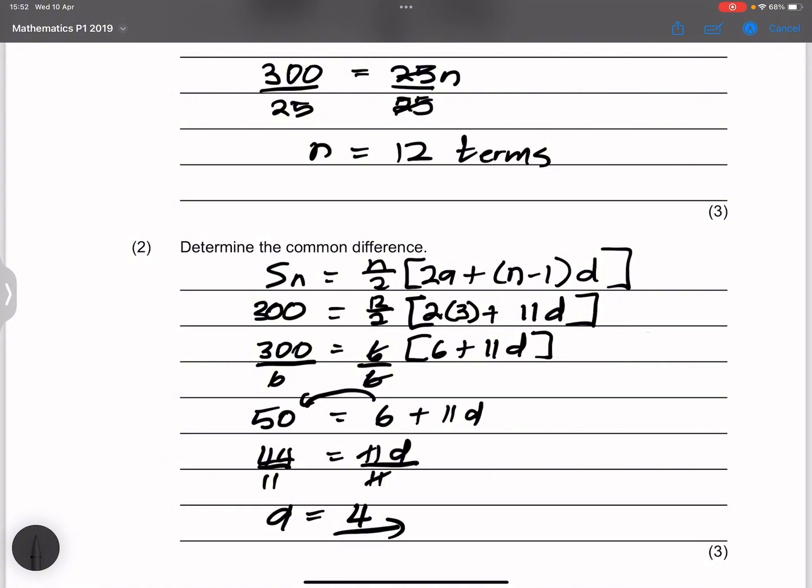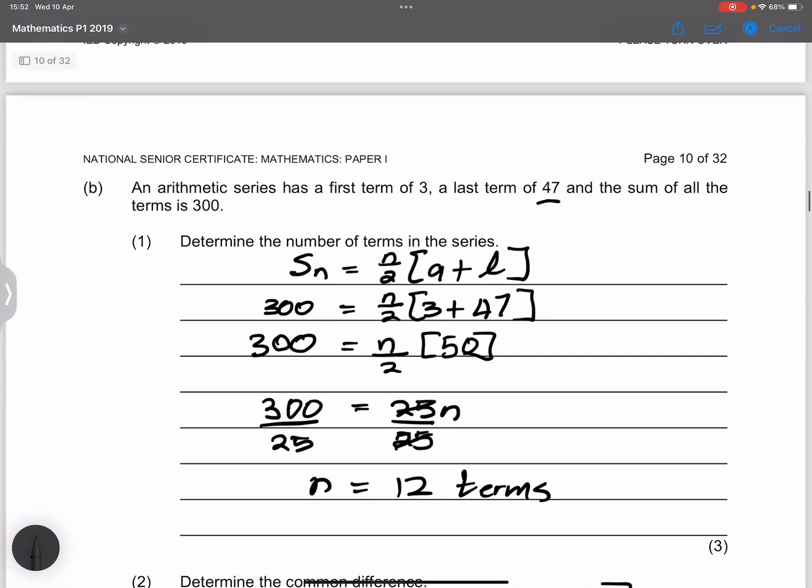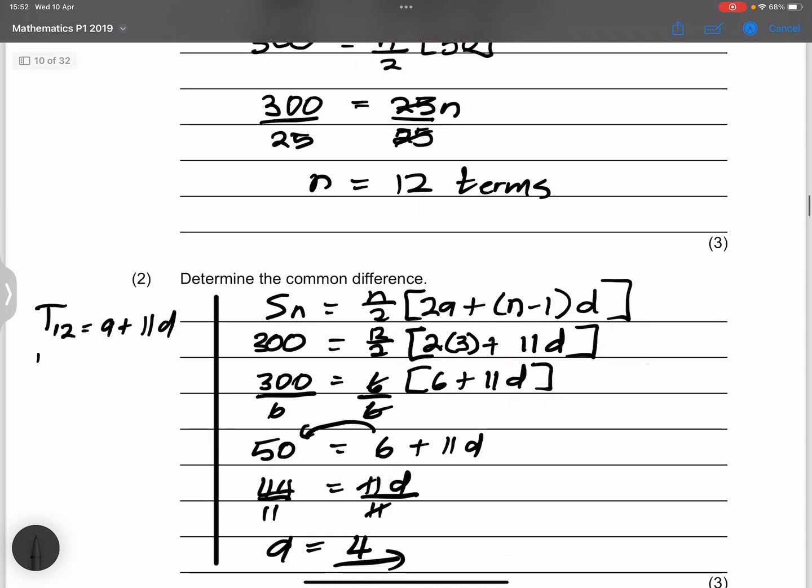Okay, and another way that we could have actually solved this was to use Tn, and T12 in this case would be a plus 11d, right? We were given the 12th term, right? The last term was 47. So this would be 47 is equal to 3 plus 11 times d, right?